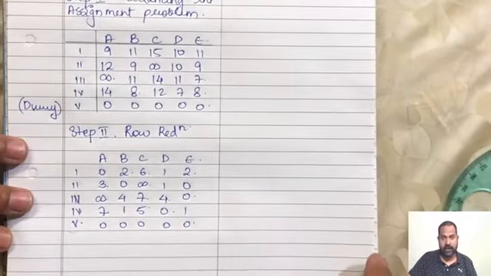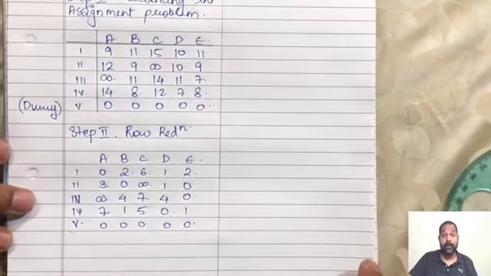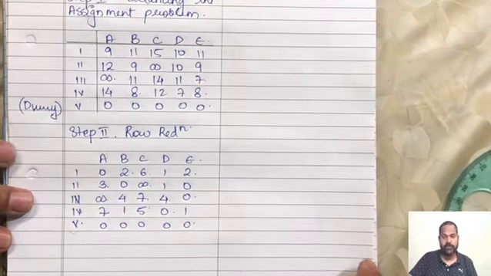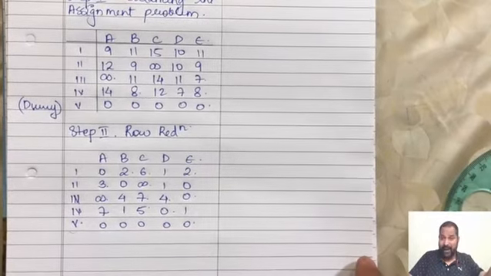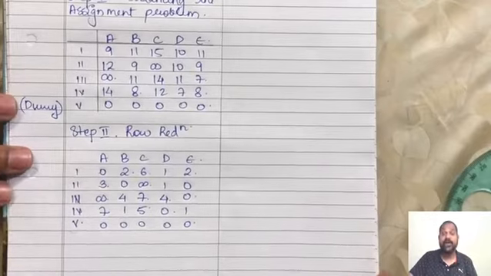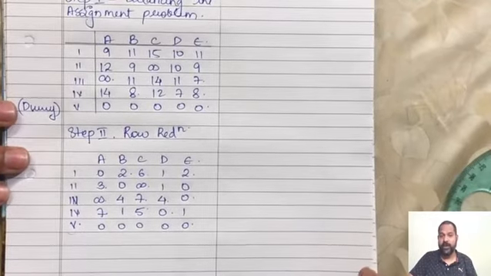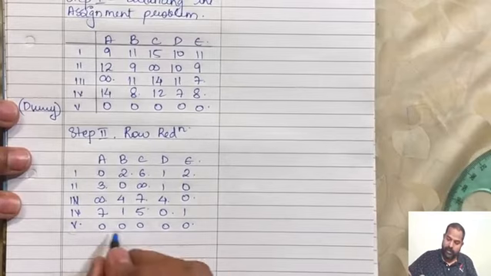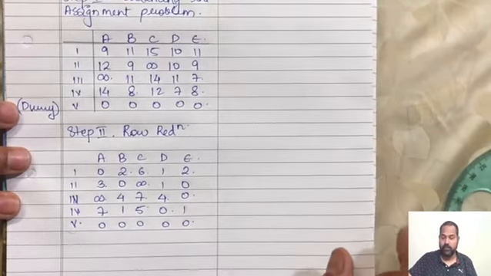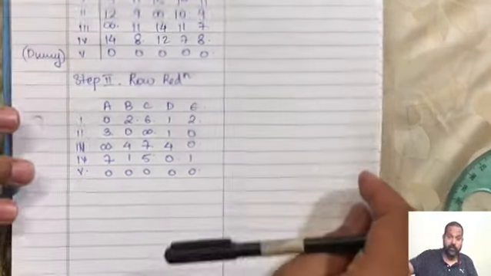Step 2, row reduction, is done. Well, in this case, step 1 was balancing, step 2 was row reduction, and step 3 will be column reduction. But do you notice every column already has a 0? So what am I going to do?